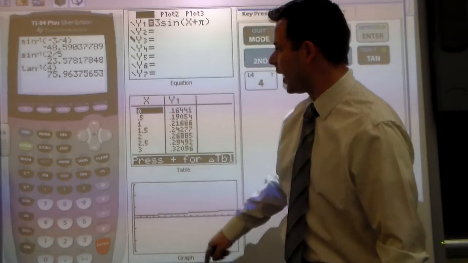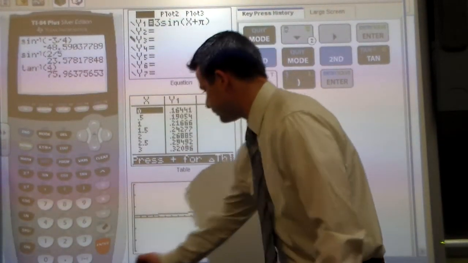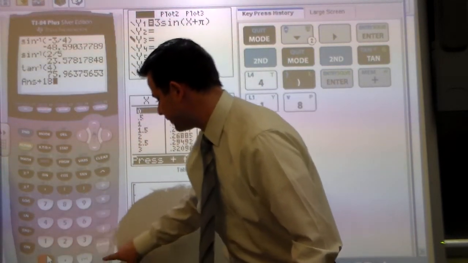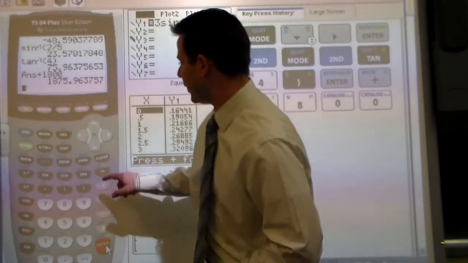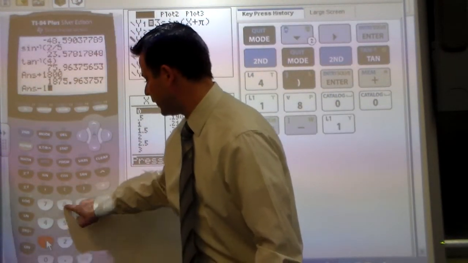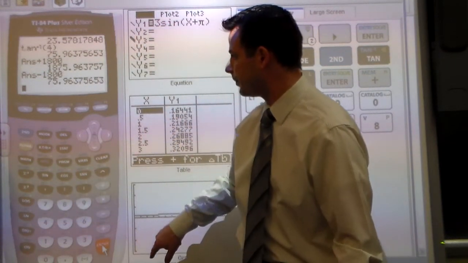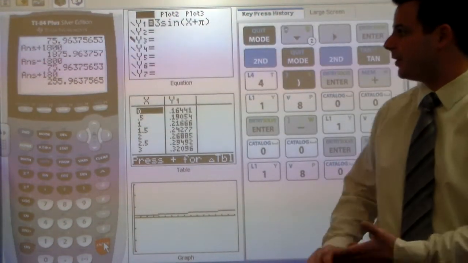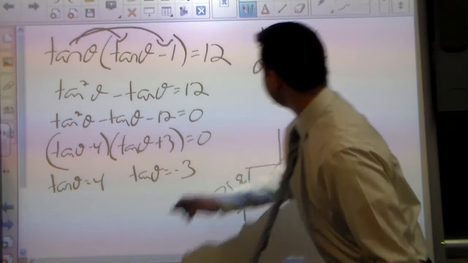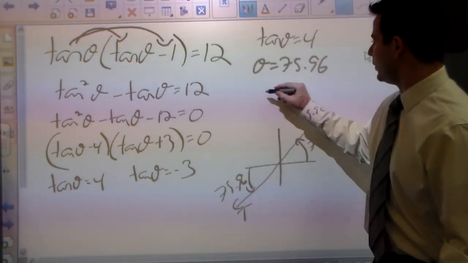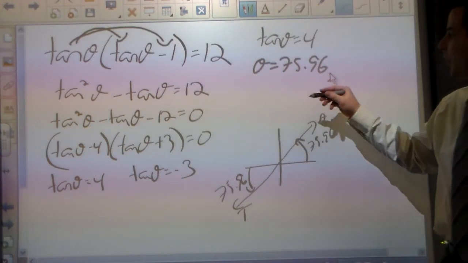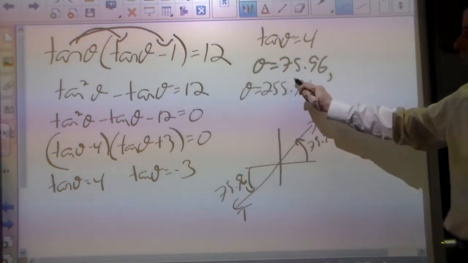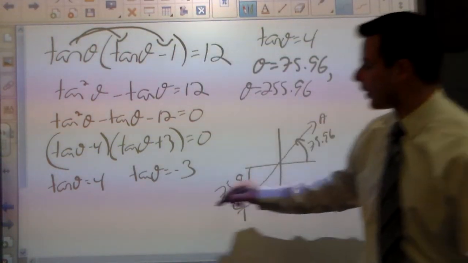We're 75.96 after that, so we're going to add 180. 180 plus the reference angle, because we're past 180 degrees, gives us 255.96. So not only 75.96, we get 255.96. Well, that is a third quadrant angle, so make sure it makes sense. The second side, we're done with this now.